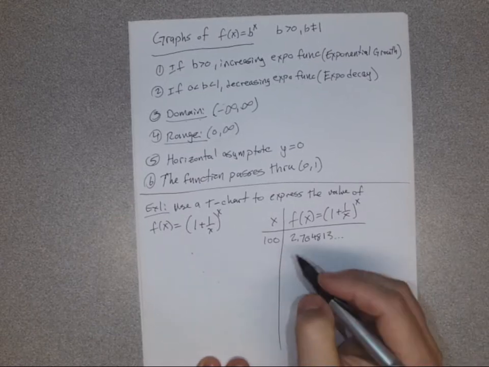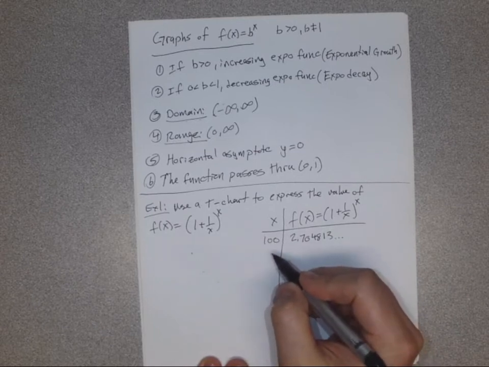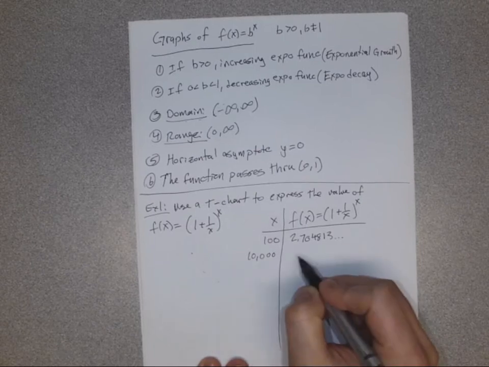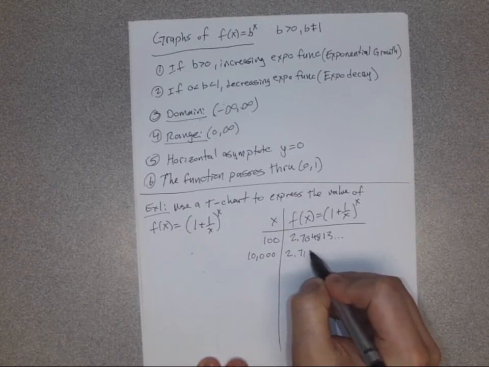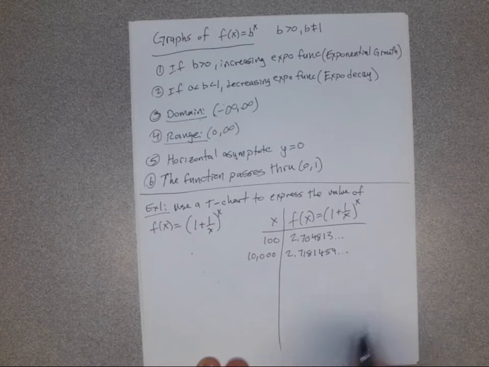I'm not going to write too many of these out. Let's say I choose 10,000 for x. Then this is 2.7181459, and it just keeps going.